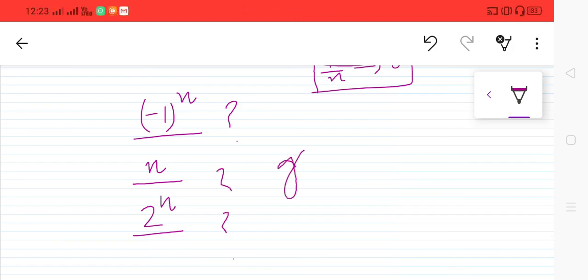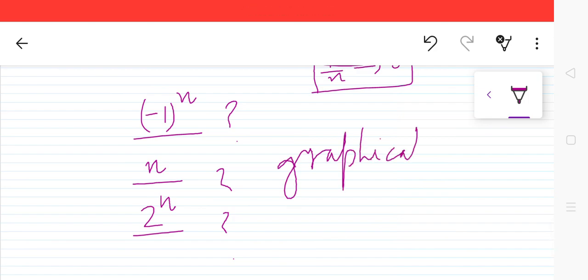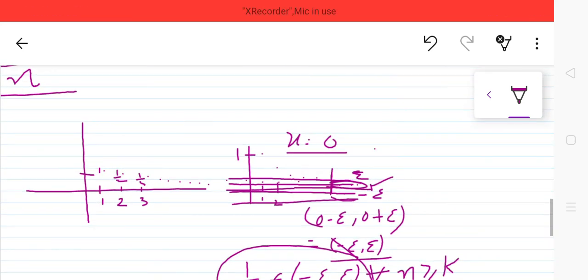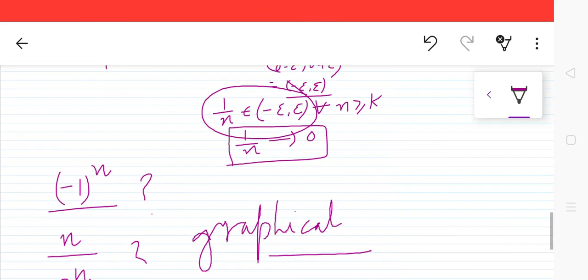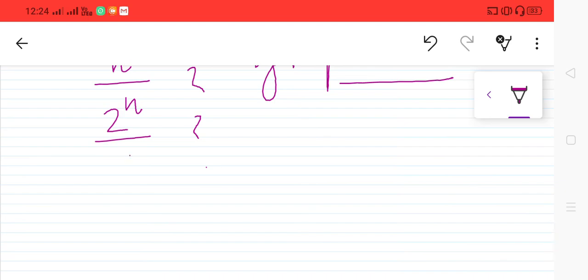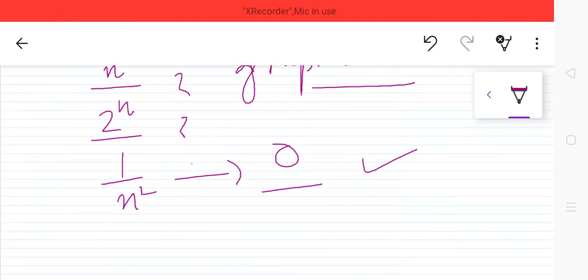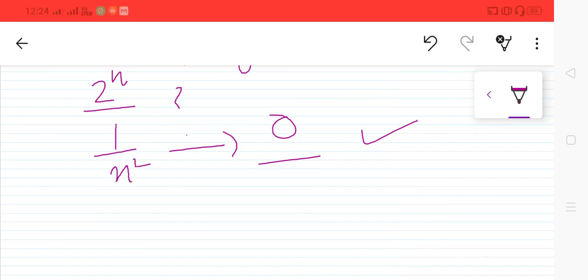You can use the graphical approach for the time being, what I have done here. And 1 by n square, where does it go? You can see that it goes to 0, and you can check it graphically. So this is the idea of convergence of a sequence.